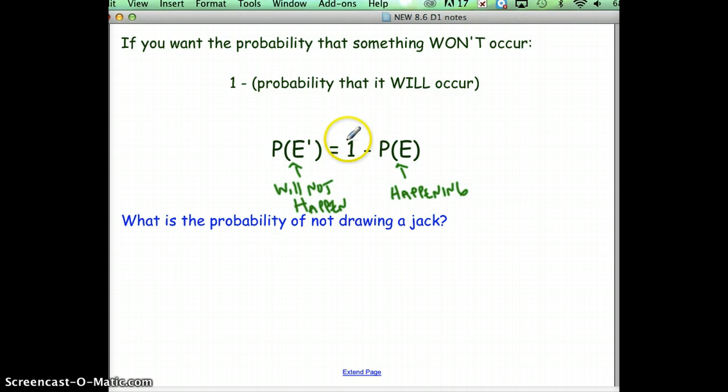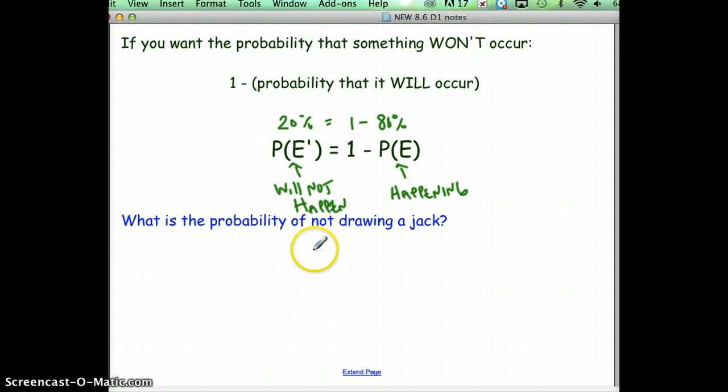One being 100%. So like if the probability that it's not going to rain is 20%, then wouldn't the probability of it raining be 80%? If that makes sense.